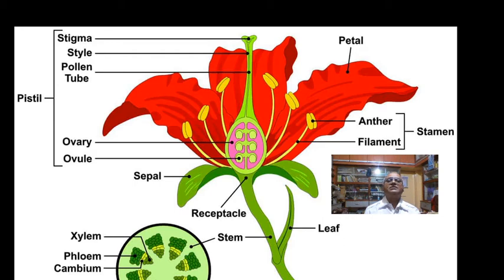This germination takes place on the stigmatic portion after pollination, forming the male gametophyte, and this male gametophyte produces two male gametes and travels through the pollen tube. That is why the style serves as a space for the travelling of the pollen tube towards the ovary or ovules.